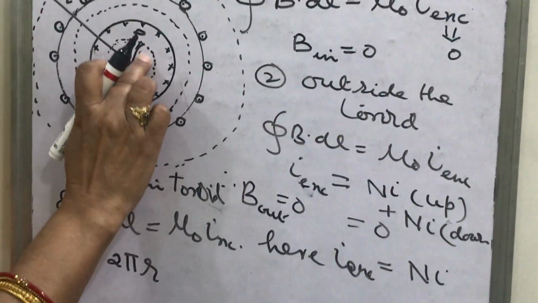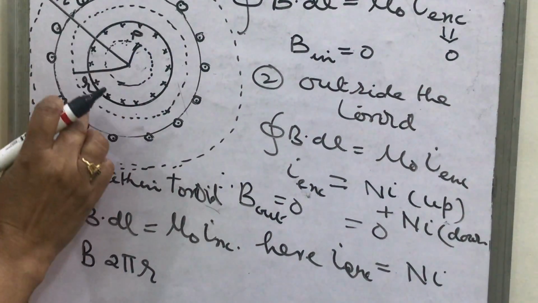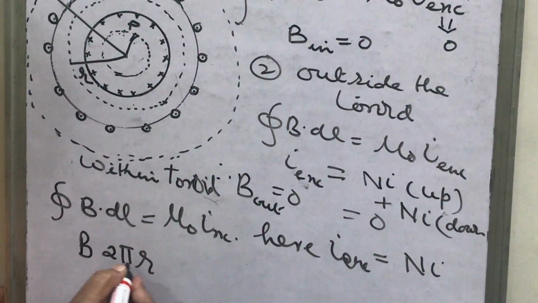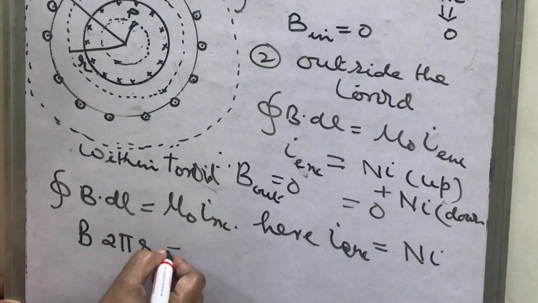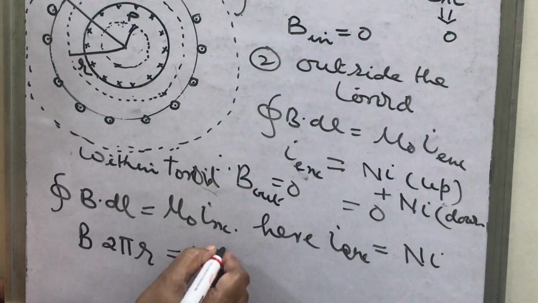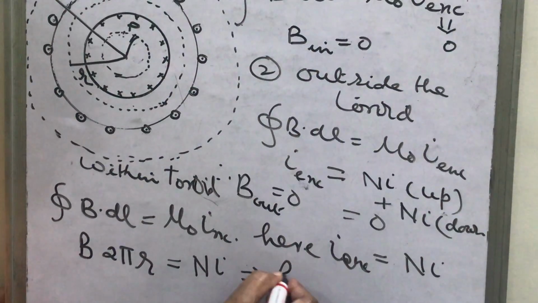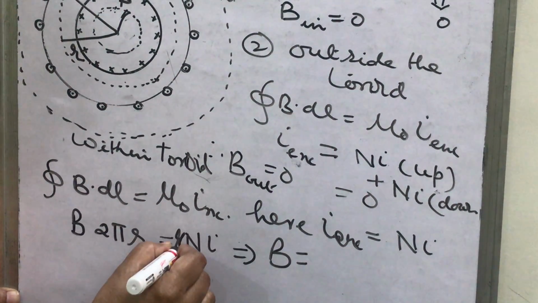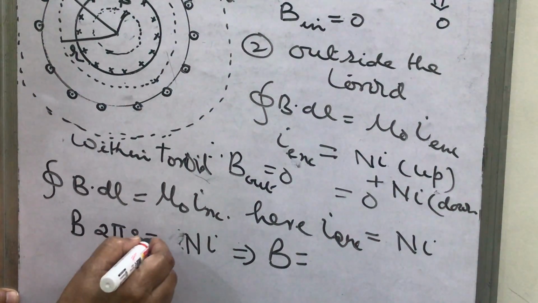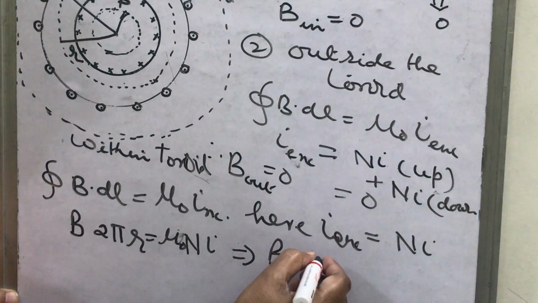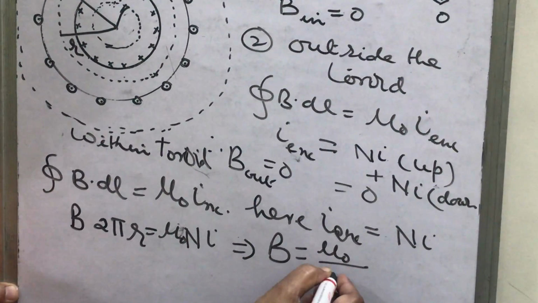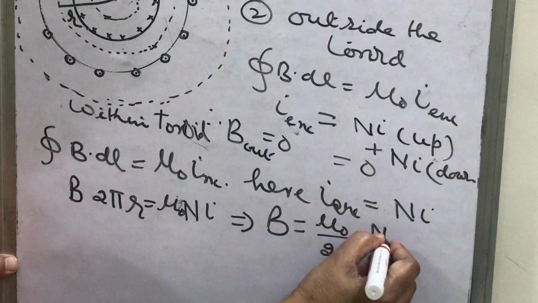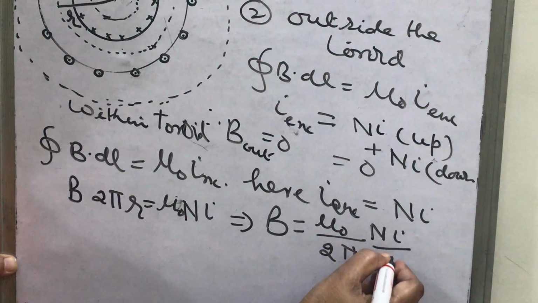So if we write this r, then we find that B into 2 pi r equals mu naught Ni, which implies that B equals mu naught Ni upon 2 pi r.